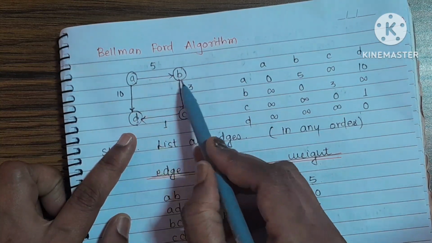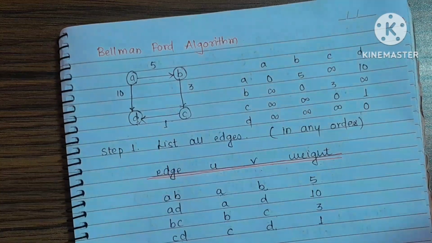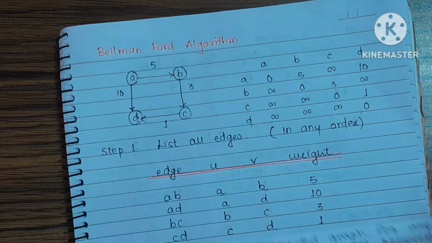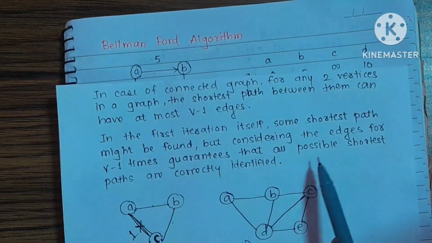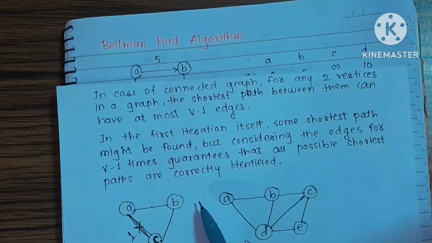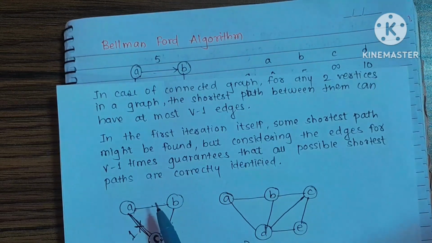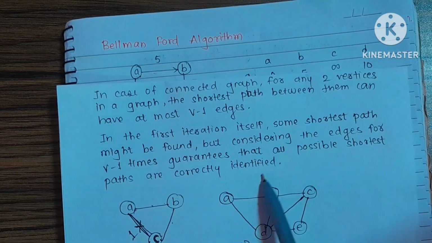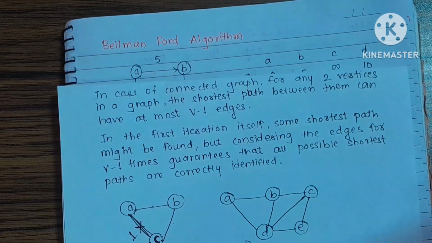But these three edges are providing us the shortest distance. So in the first iteration itself, some shortest path might be found, but by considering the edges V minus 1 times, the Bellman-Ford algorithm guarantees that all possible shortest paths have been considered, and accordingly the shortest distances of all the nodes from the source node have been obtained.